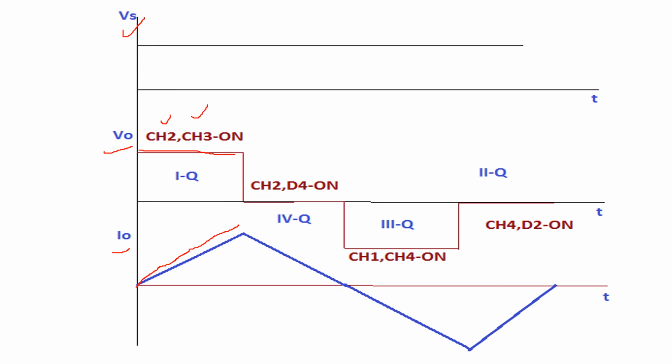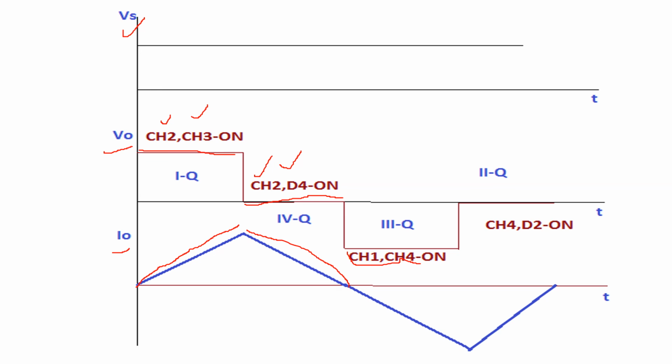Coming to the second case, after completely charging, CH3 comes into off state. So in the second case we consider CH2 and D4 are in on state. Due to the conduction of these two, the inductor starts discharging, so the load voltage becomes 0, and this is the discharging current, which is positive. After completely discharging the inductor, we consider CH1 and CH4 are in on state.